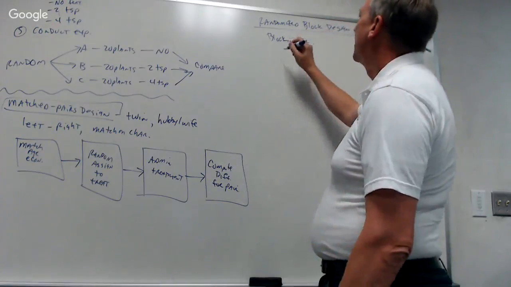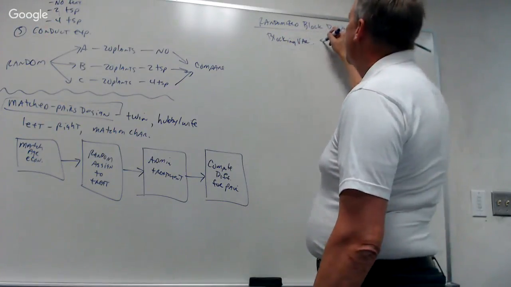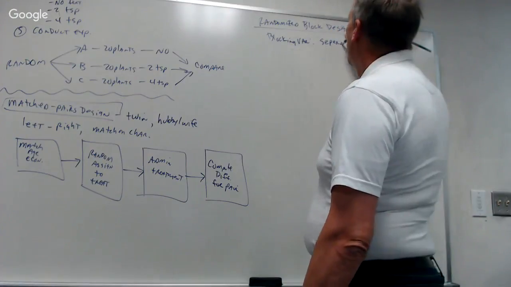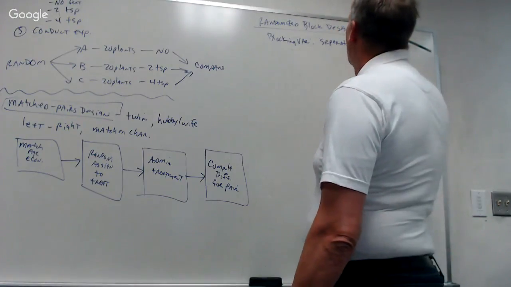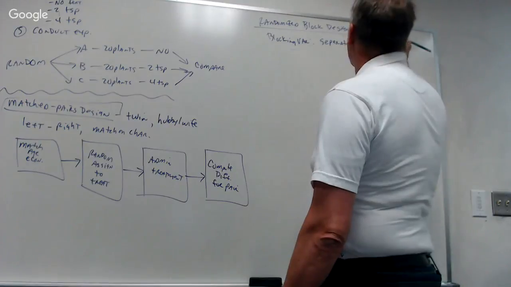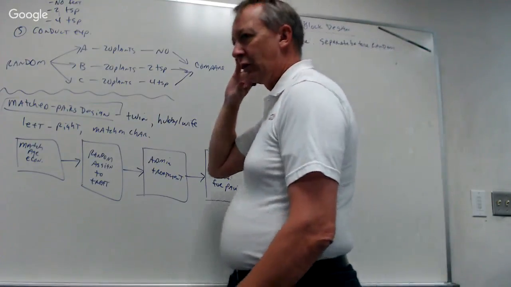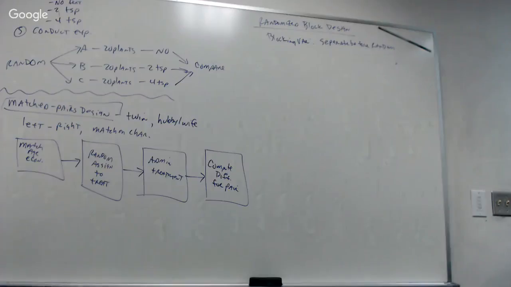Okay, which means that you separate before your randomization. Okay. Now, one of the things, I believe this was another Freakonomics episode. One of the things that they found is men and women react very differently to medications. Okay.